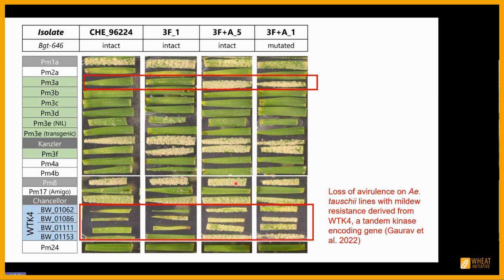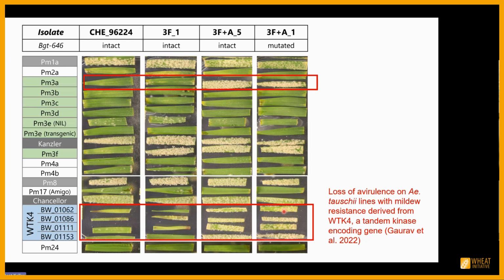And among them, the additional component recognized by PM3A. But when we then tested this mutant on a wider range of host lines, we found that this mutant also gained virulence on a totally different resistance gene, and this is on WDK4.